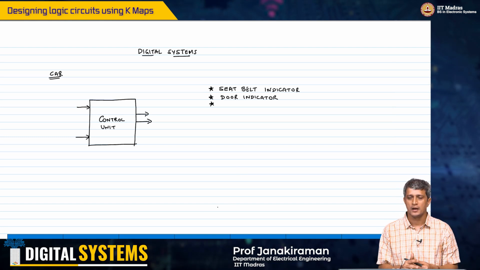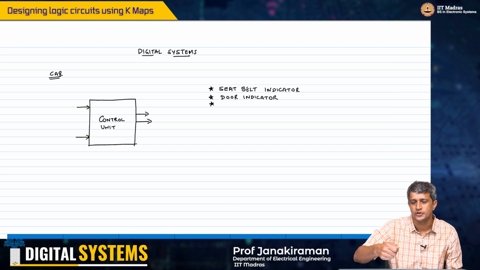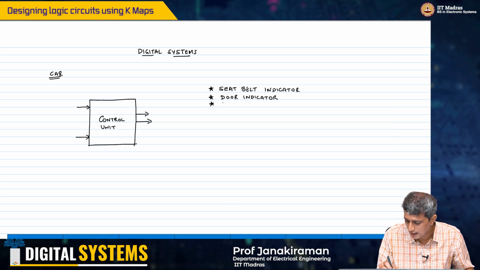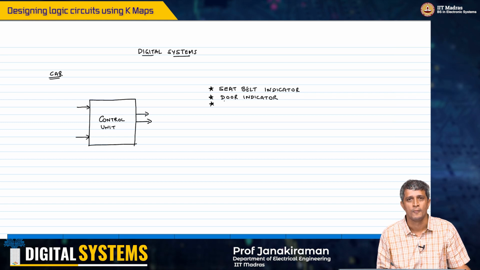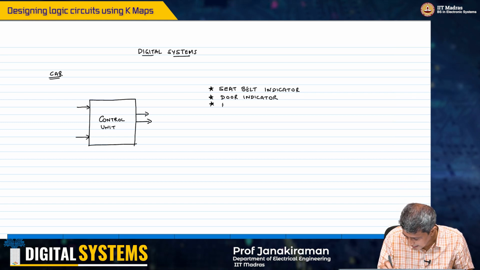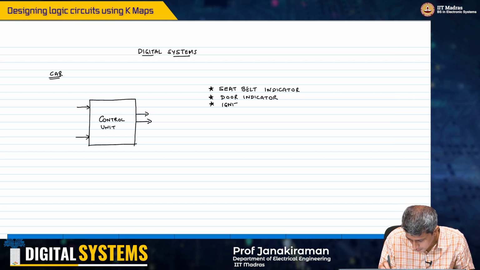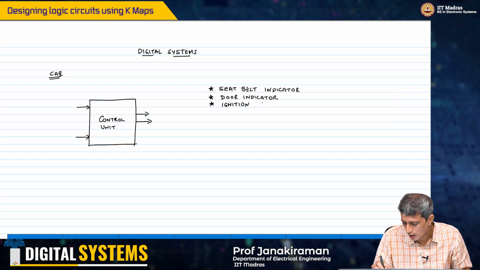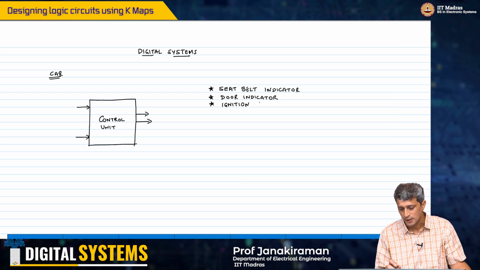But when you turn on the ignition, these checks need to kick in. So another important input is the ignition itself, the ignition status: is the car on or off?